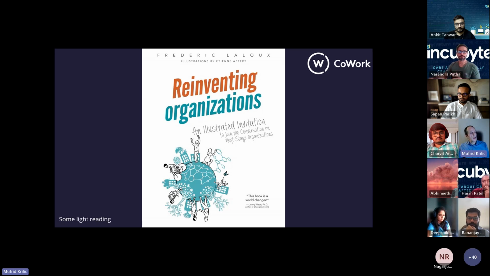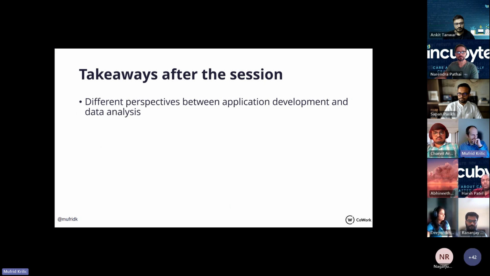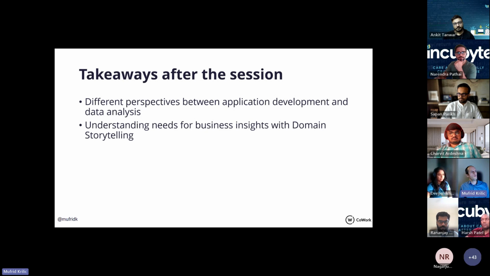So, okay, let's jump into the topic of today, and we'll start with the takeaways, what you want to take away with you. We'll talk a little bit about these different perspectives between application development and data analysis, and this is kind of the very problem we are trying to solve, which I will try to formulate. Once we talk about data analysis, why is that important?